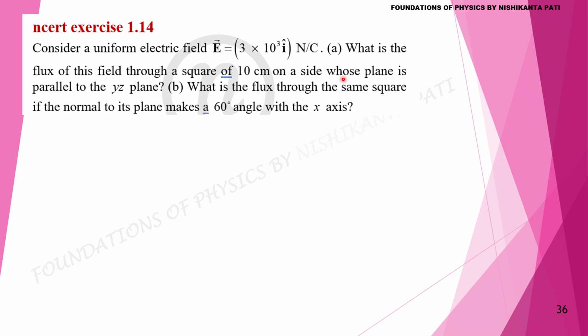In the first question, since the square is parallel to YZ plane, the normal to the square is either along I cap or along minus I cap. Then second bit says the normal to the plane, that means the area vector makes 60 degree angle with x-axis.